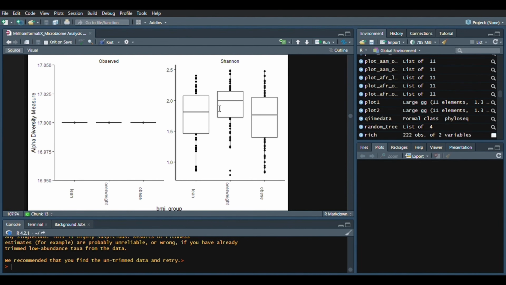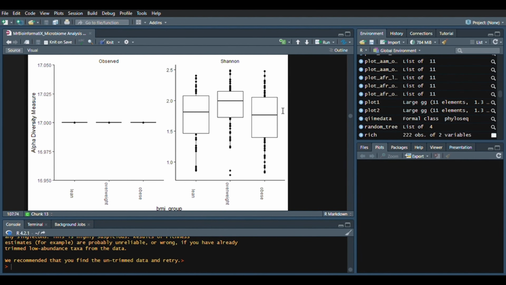And for the second group, overweight, it has a higher median, around 2, compared to the lean group, suggesting that microbial diversity is slightly higher in overweight individuals. However, the small size of the box suggests that diversity is more consistent among individuals in this group, with less variation between them.